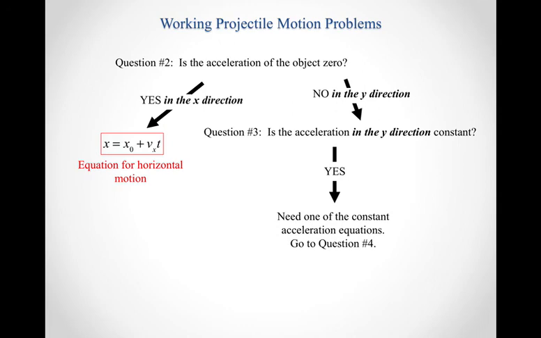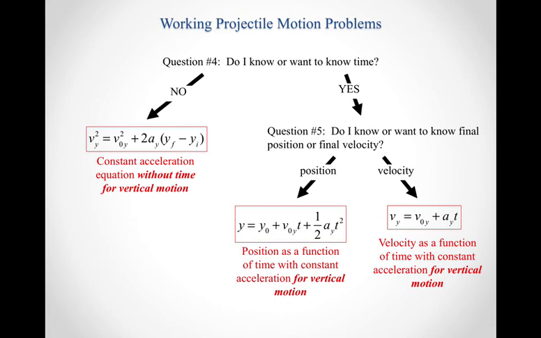Now obviously the acceleration is not 0 in the y, but we do know that it's constant. So that means that I can use one of my 3 constant acceleration equations to describe the vertical motion of my object. If I don't know time or don't need to know time, then I'm probably going to start by using my equation that describes the vertical motion without using time, my v-squared equation.